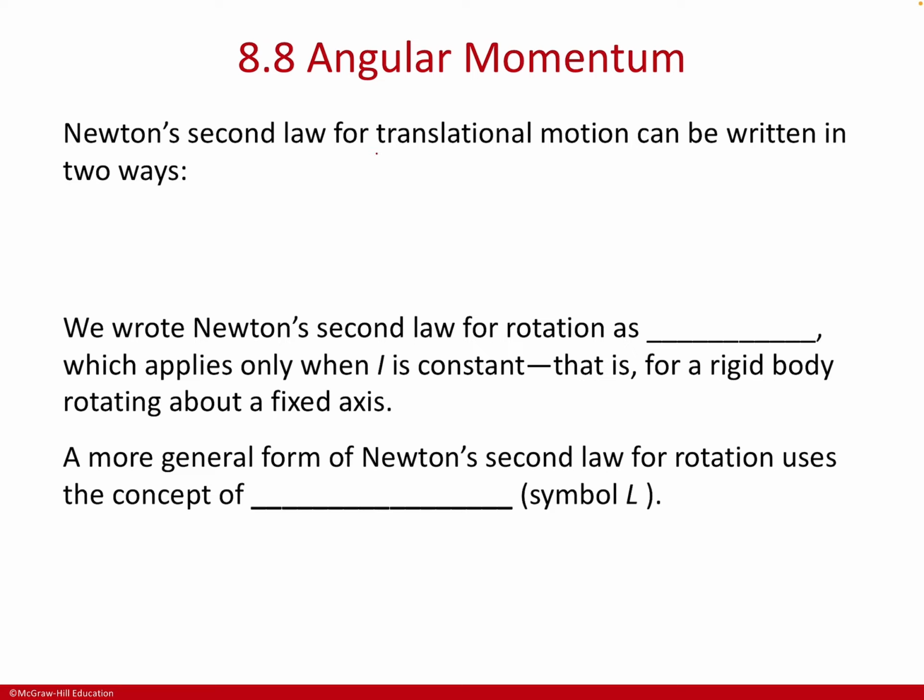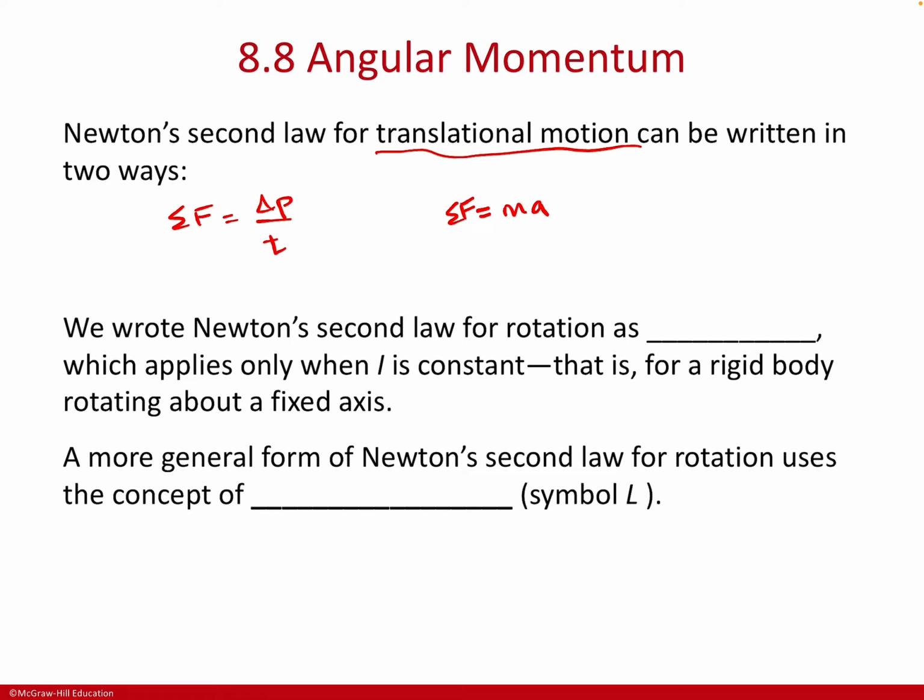Newton's second law for translational motion can be written two ways, if you remember. This is translational, so this is stuff we've already done. We wrote force as equal to the change of momentum over time. So there was momentum thrown in. And then we also had that net force is mass times acceleration.